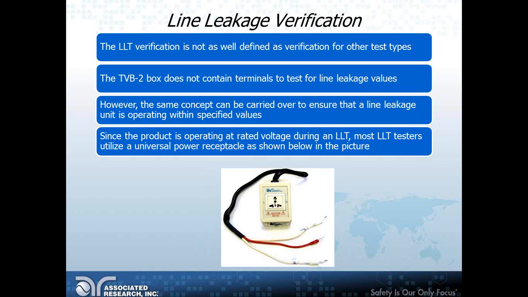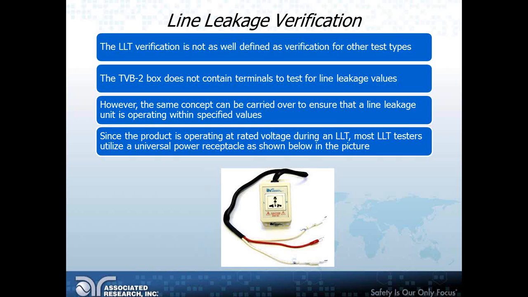The reason is that line leakage verification is not as well defined as verification for other test types. And we already know that the TBB2 box does not contain terminals to test for line leakage values.